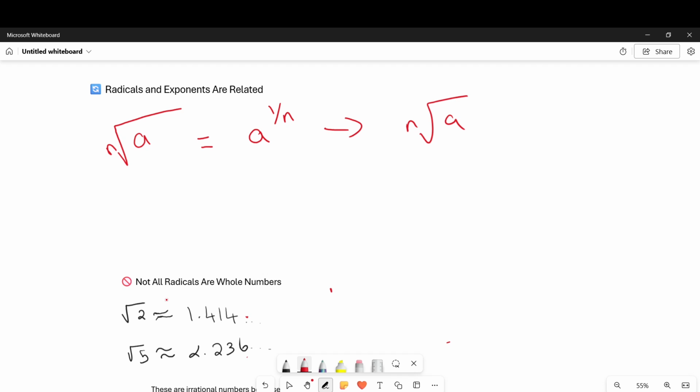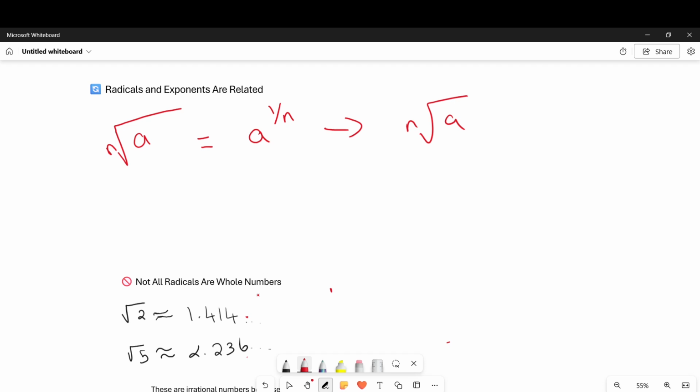Not all radical expressions give a whole number. Square root of 4, cube root of 8, fourth root of 16, these all come out as whole numbers. But keep in mind, not every root value or square root value of a number is a whole number.